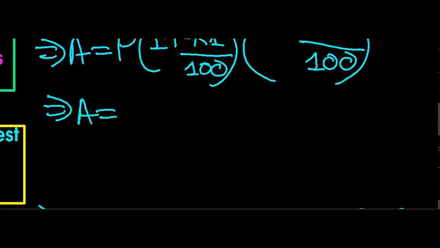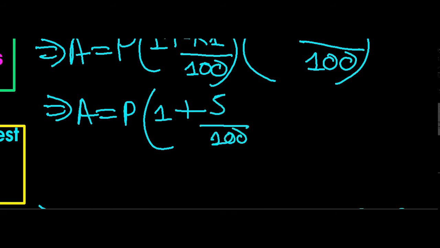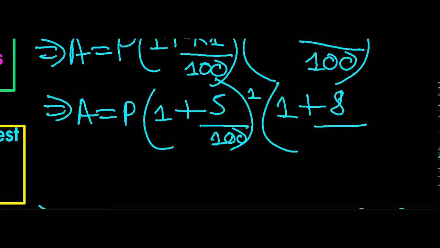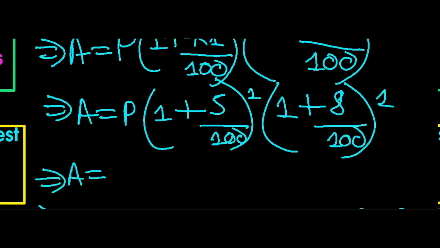So A is equal to P in bracket 1 plus R1, which is 5% for the first year, and in the second bracket we will write 1 plus 8 by 100, which is R2.